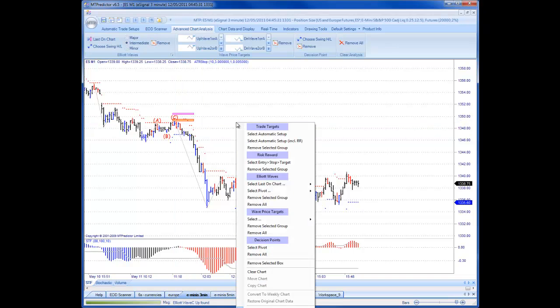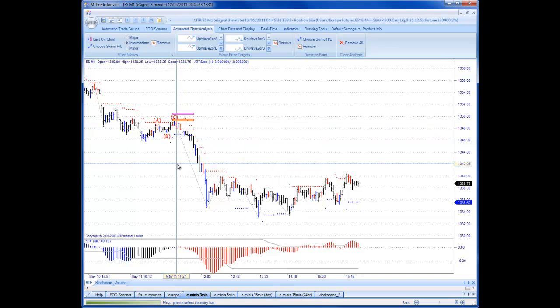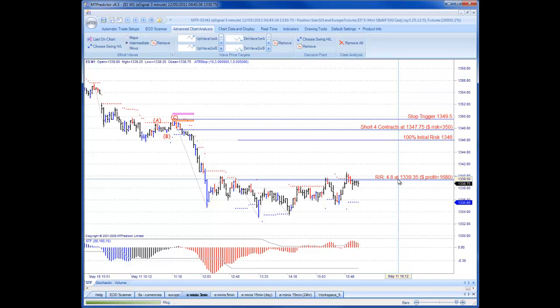You could then have taken a short trade below the red sell bar, managed it with the ATR stop down to here for another plus 4.8R trade, and that would have caught that decline. But that was a bit more of an advanced trade because you were using the Elliott wave module to catch the ABC correction.